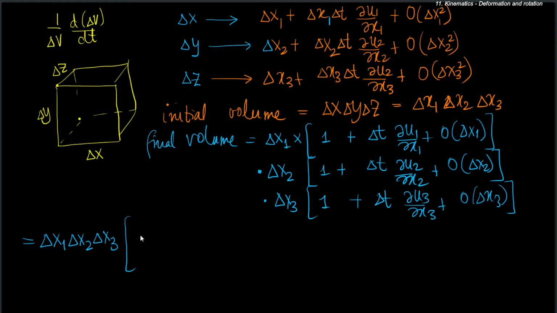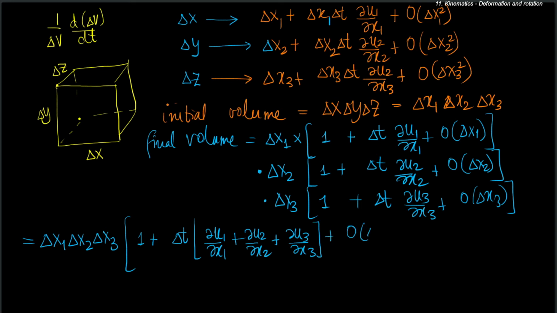So if you just look at it, it will be 1 plus delta t times del u1 del x1 plus del u2 del x2 plus del u3 del x3 plus order delta x2 delta x1 delta x3, then there will be higher order terms, so order delta t delta x1 and so on.